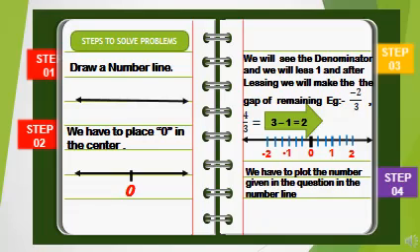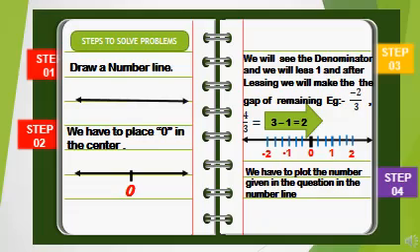Our last step is to see the numbers or the questions which we have got, and plot those numbers on the number line. So students, I hope you are all clear with the third step. If not, then don't worry, you will be clear while doing this sum.